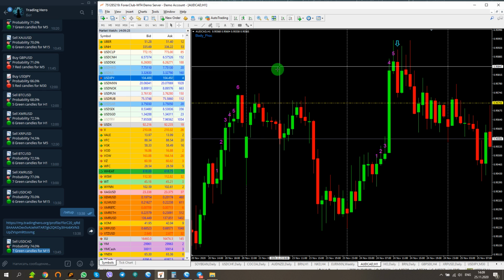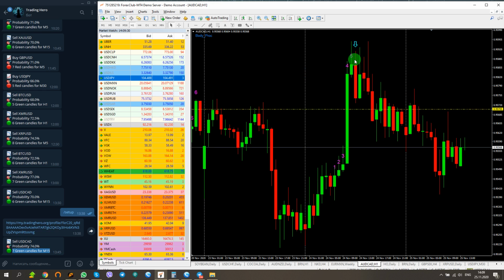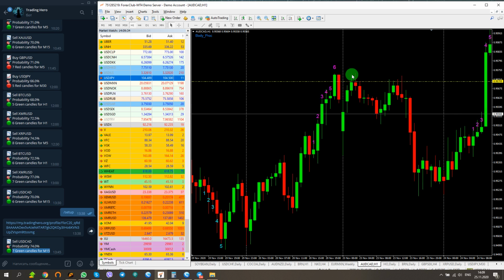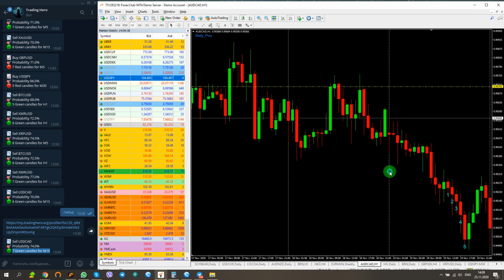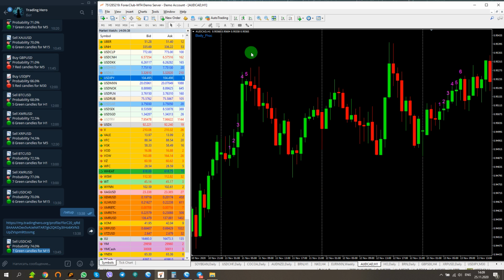Here is the 1 hour time frame. Here we had 6 candles, here we had 5 candles. By the way, this was the deal that I posted in our trading chat yesterday. Here we also had 5 candles, and there are many situations with 5 candles, 6 candles that will work.